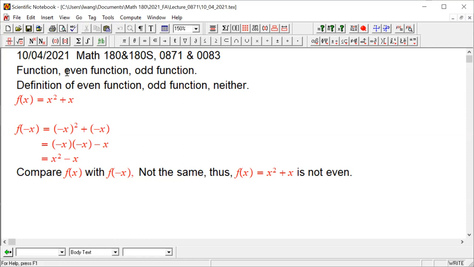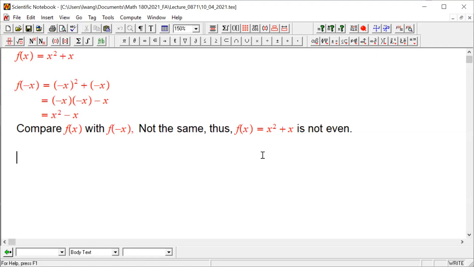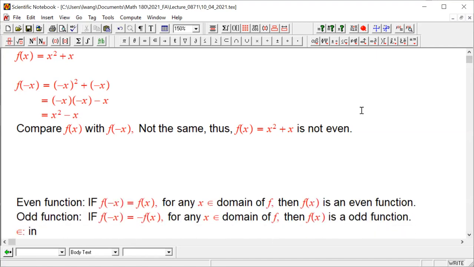Now the next question is, is it odd? In order to know if it's odd or not, we have to look at the definition. What do we compare? Now we know it's not even. To see whether or not it's odd, we need to compare f of negative x with the negative of f of x. Do we have a negative f of x? Well, we have f of x.